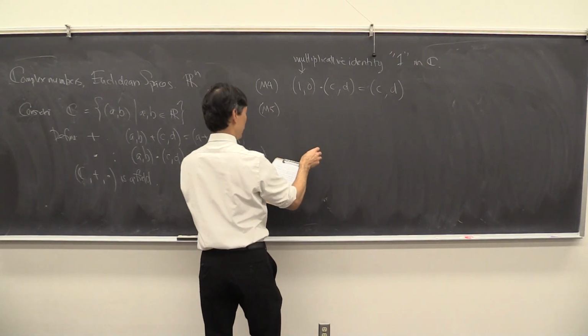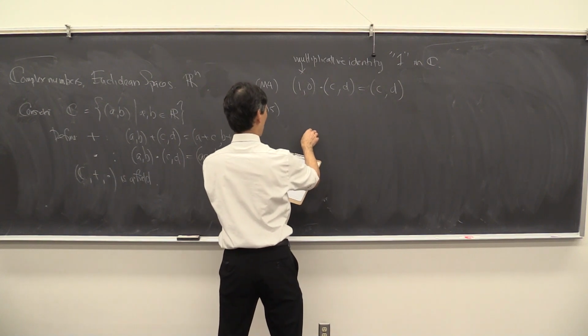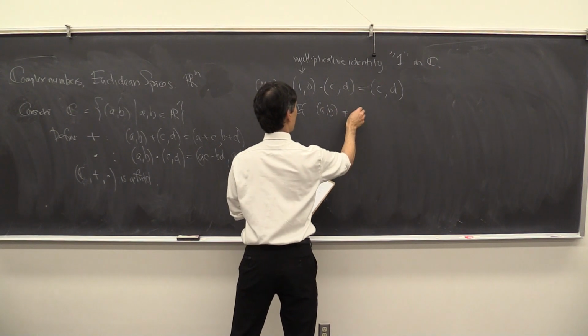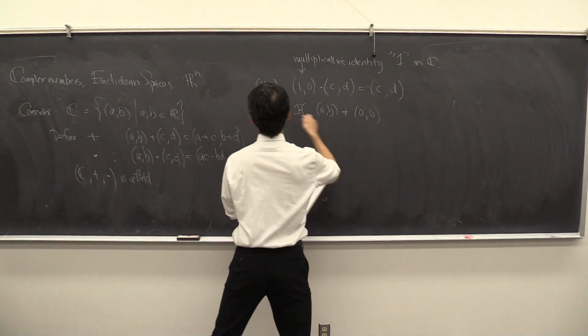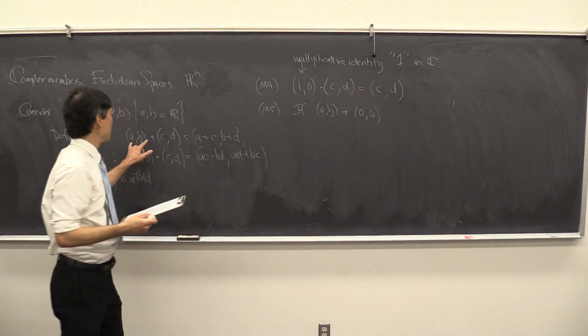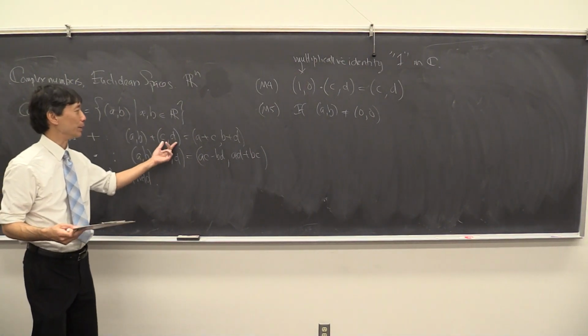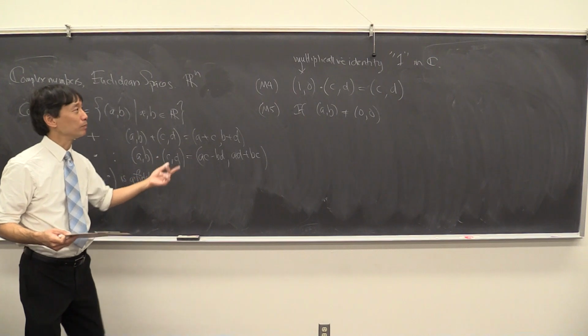Another interesting one is this. Obviously (0, 0) is the additive identity, since adding (0, 0) onto anything just preserves it.